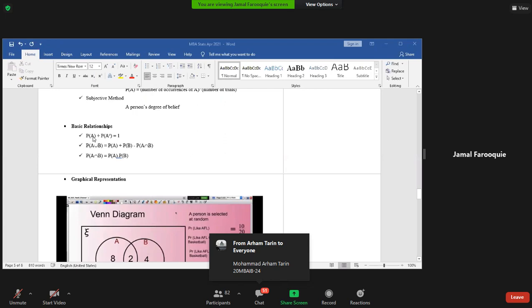Tail, because these are the only two possible outcomes of tossing a coin. So probability of H and probability of not H, you can say that the sum will be 1.